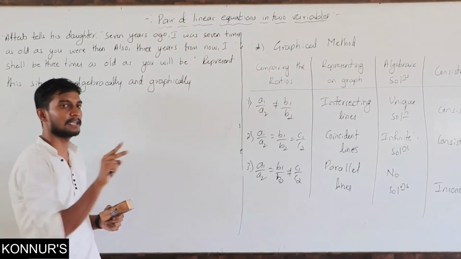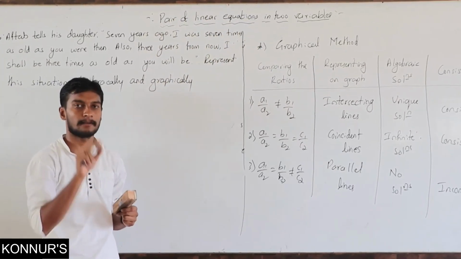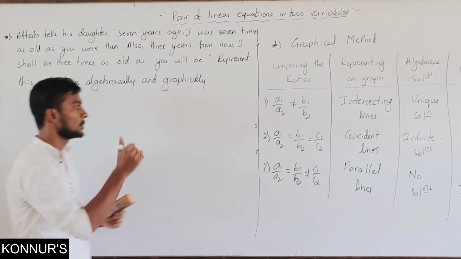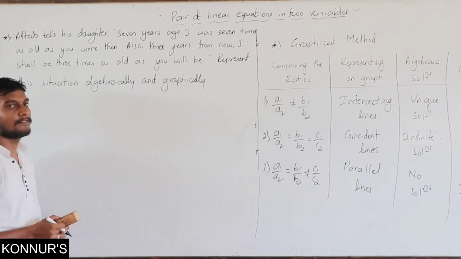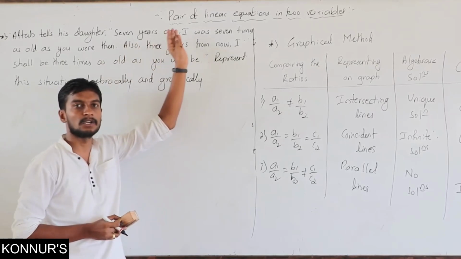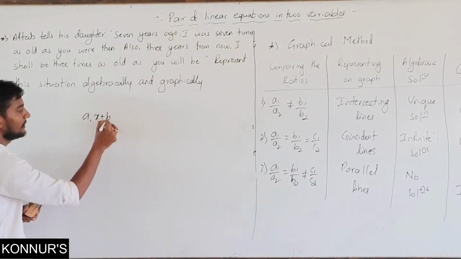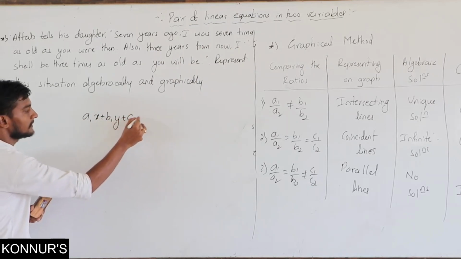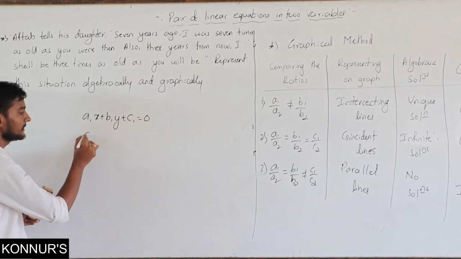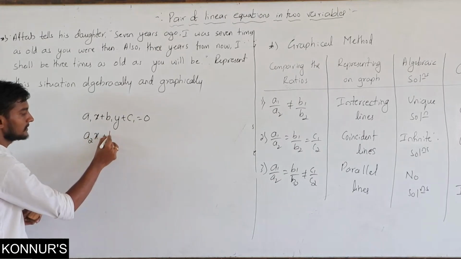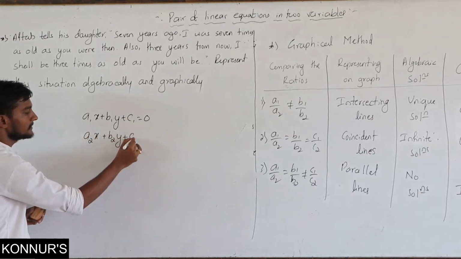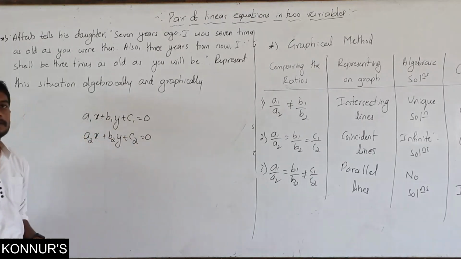So here we take a pair of linear equations in two variables. The general form of a pair of linear equations in two variables is a1x plus b1y plus c1 is equal to 0, and a2x plus b2y plus c2 is equal to 0.